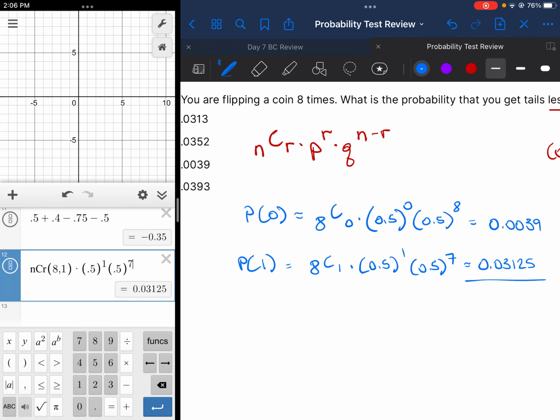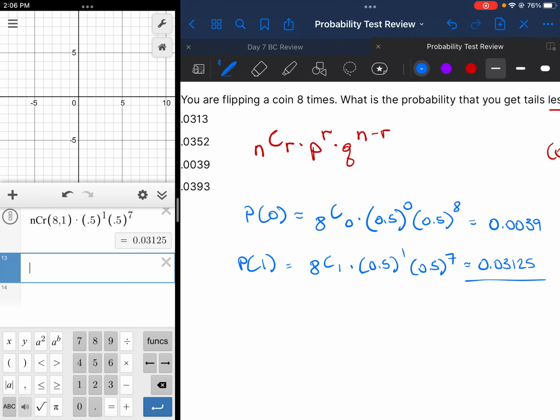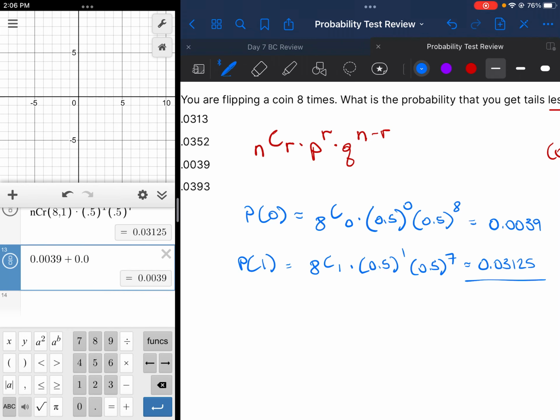All right, let's add these two together right here. 0.0039 plus 0.03125, and we get 0.03515. Right, there's our answer.